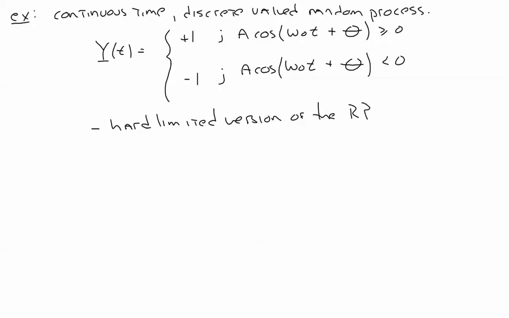RP, random process. When we were talking about random variables, I used capital RV. Now let's talk about capital RP, random process. So Y of t here is a hard limited version of the random process on the last page.